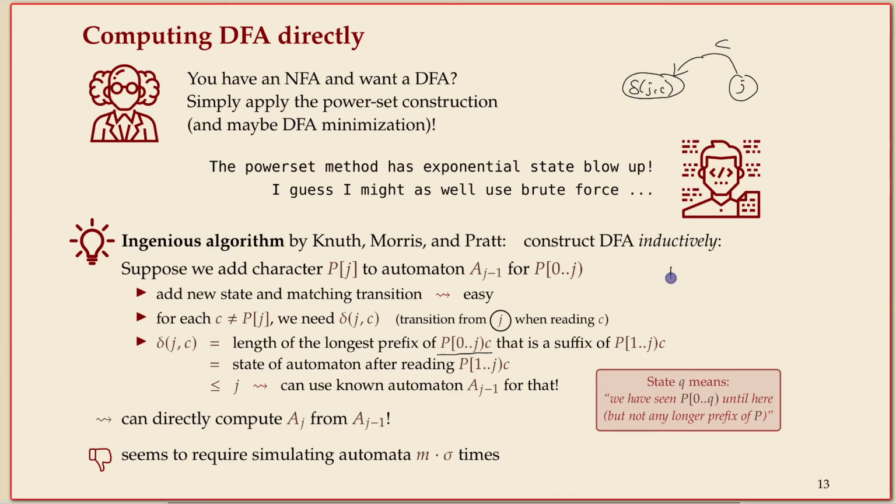So we know the text currently looks like this. We have P0 up to J, but excluding J. And we read one more character C, and it's not the one we would have expected here.